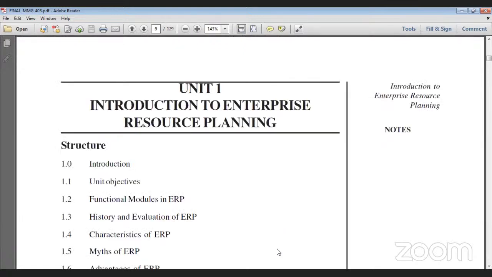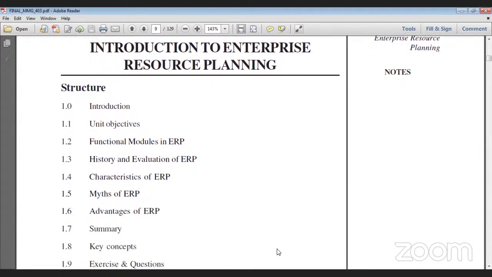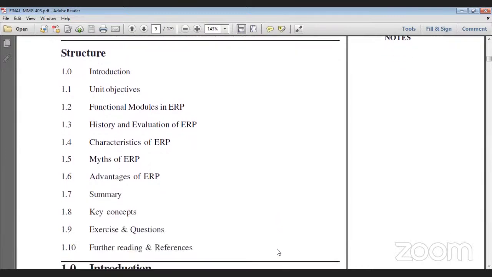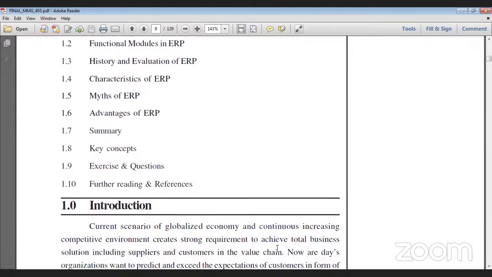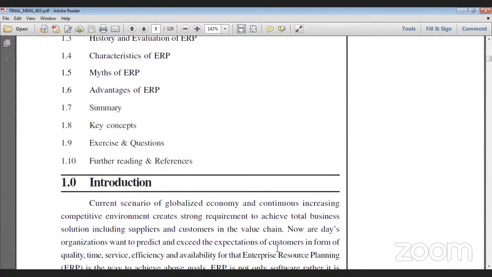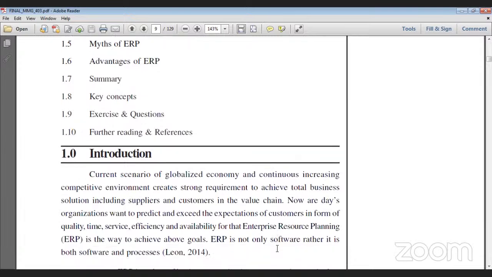Here is unit 1, introduction to enterprise resource planning, and here there are some unit objectives. The current scenario of a globalized economy and continuously increasing competitive environment creates a strong requirement to achieve total business solutions, including suppliers and customers.